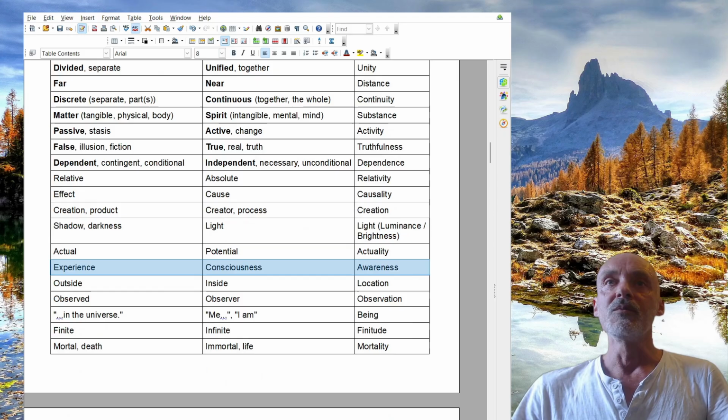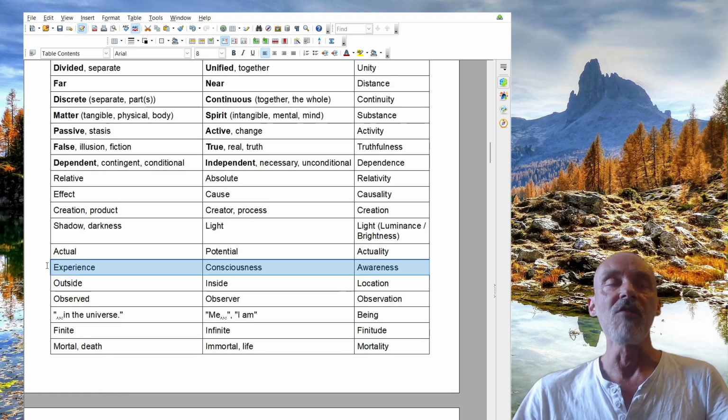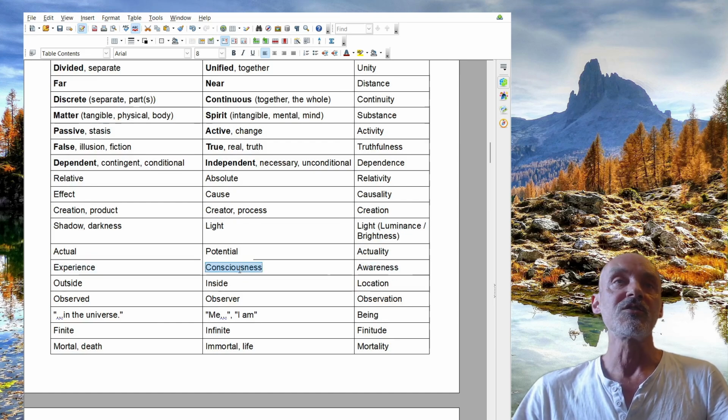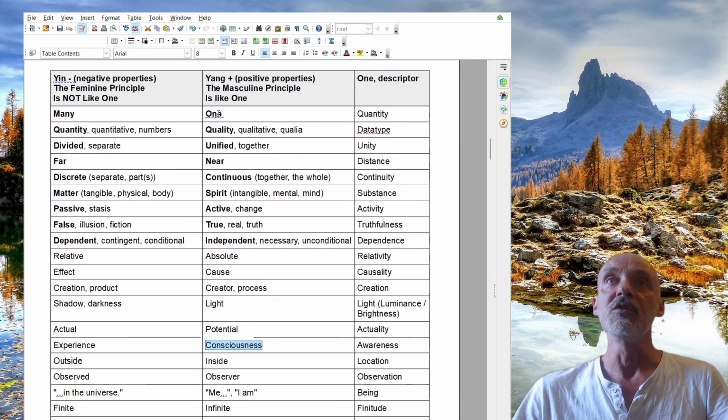The duality on this line is consciousness and experience. So what it's saying is that consciousness and experience is a duality. This is something that's not generally recognized in the modern world, but it's kind of obvious when you think about it. Consciousness is a single, unified thing. It's one, it's unified, it's near because it's right in the middle of you, it is you.